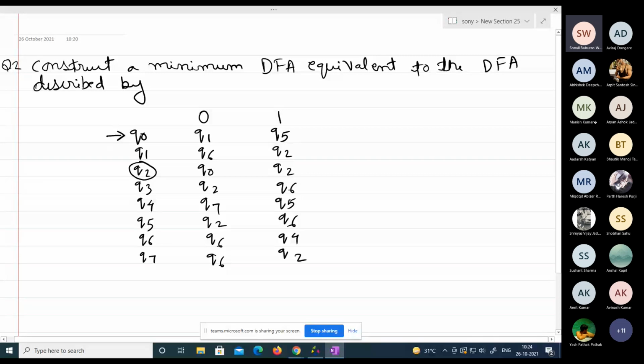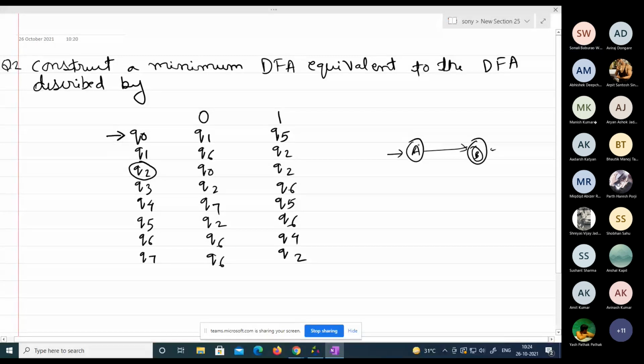The final state is denoted by a circle in the state transition table. In a state transition diagram, the arrow pointing towards the first state indicates the initial state, and double circles indicate the final state.